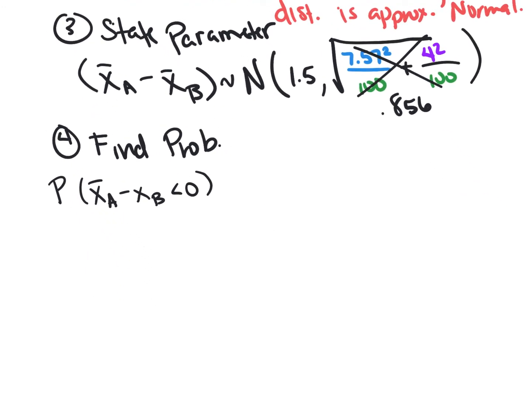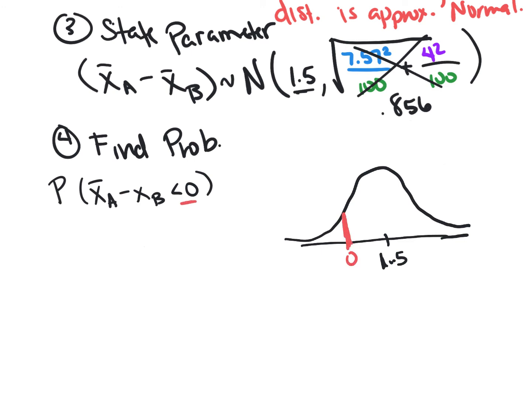So we're going to draw a normal curve. On my normal curve, I'm going to put the mean of the population, which is sitting here at 1.5. And I'm asking you for a difference of 0, to the left of 0. So 0 sits on this side somewhere. When it goes to the left of it, that's this right here.